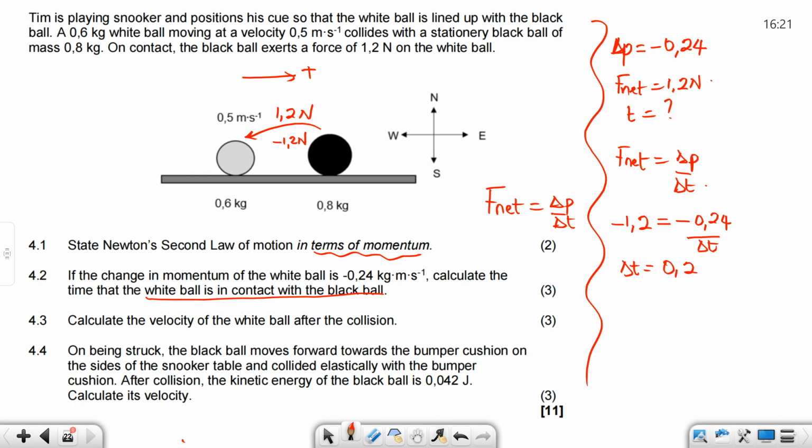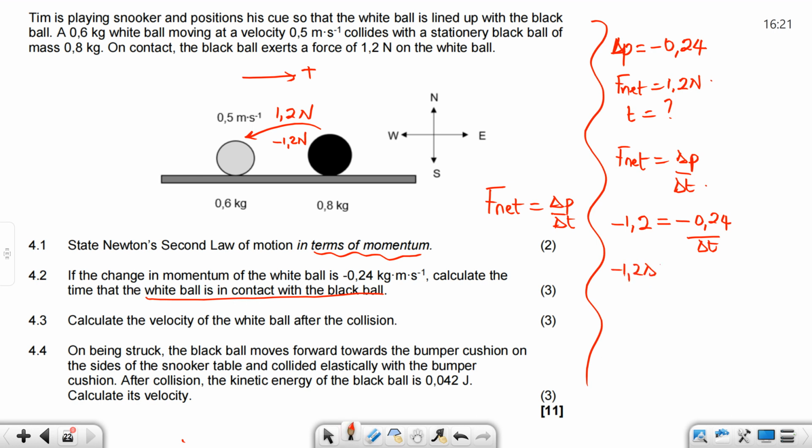12 and 24, it's half. Can we cross multiply?